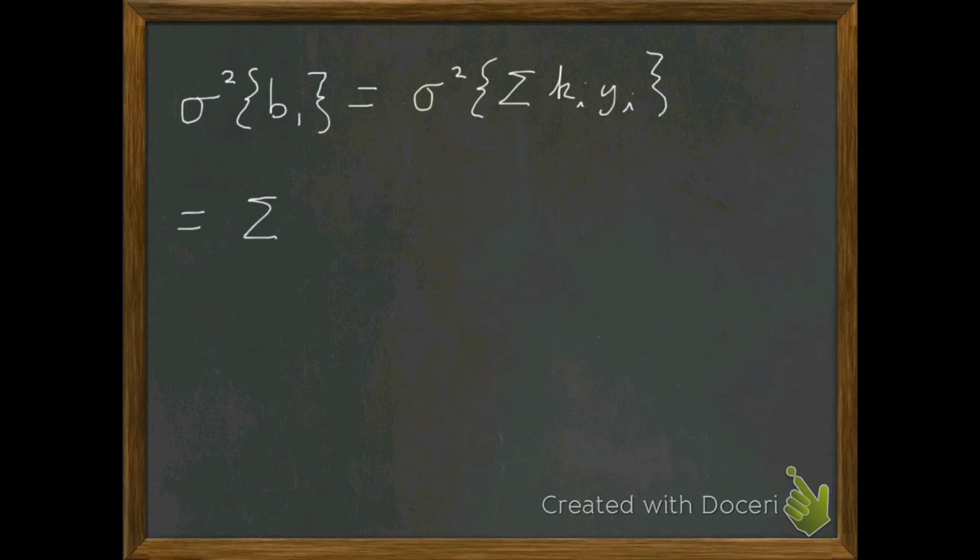So we could go, got a case of i's, some of them case of i's. Squared, sigma squared, pull that out. And then look at our y sub i's.